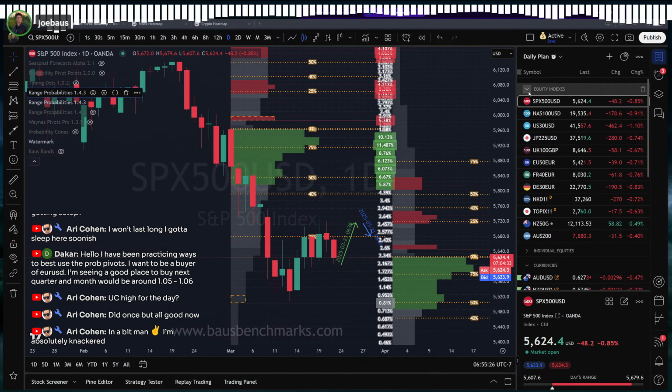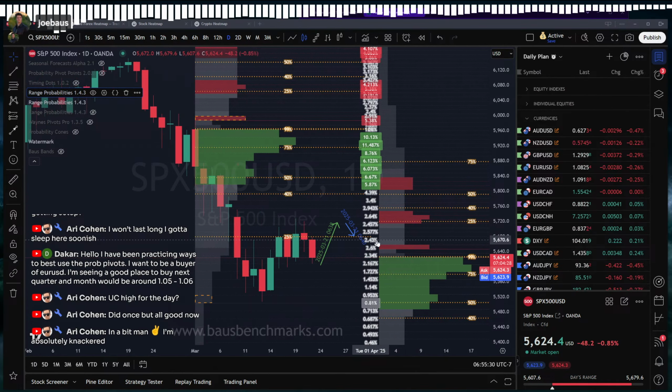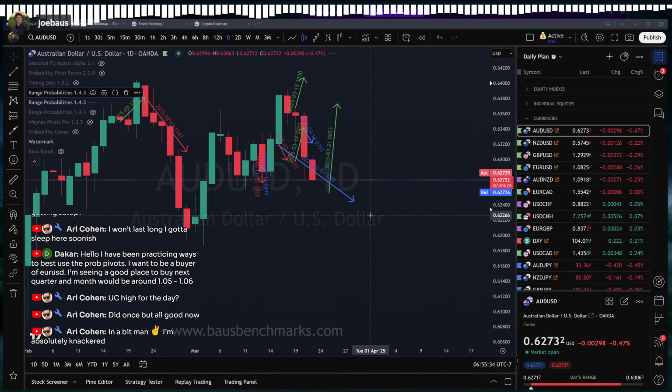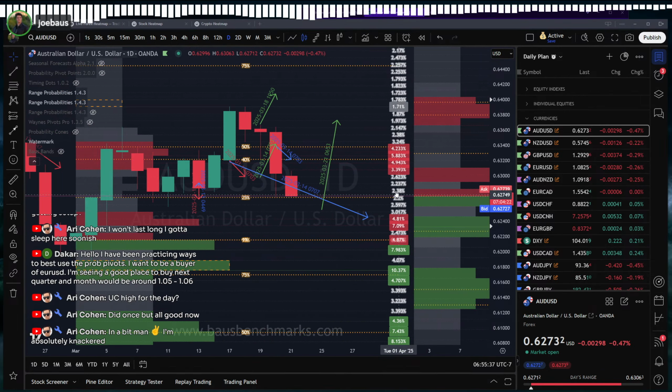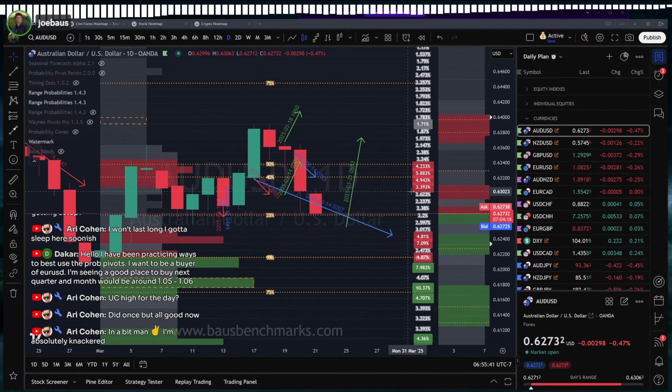So we'll need to see how hard those flash PMIs get hit. And if they do get hit really hard, well, I wouldn't be surprised to see a rebound here on something like the Aussie dollar next week.